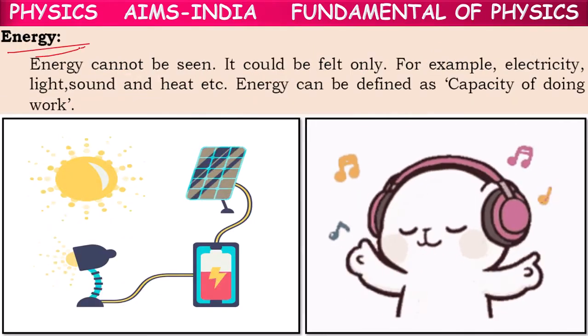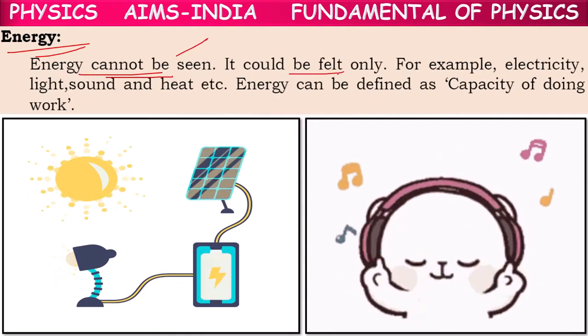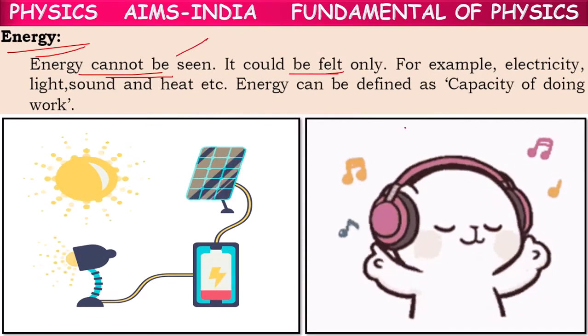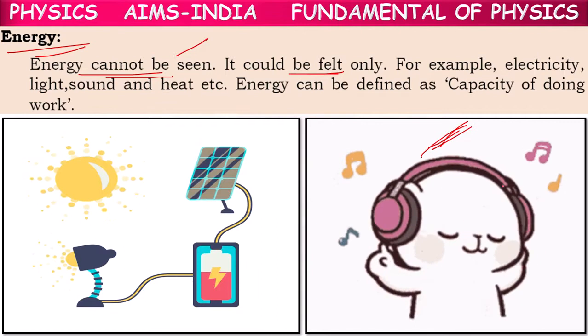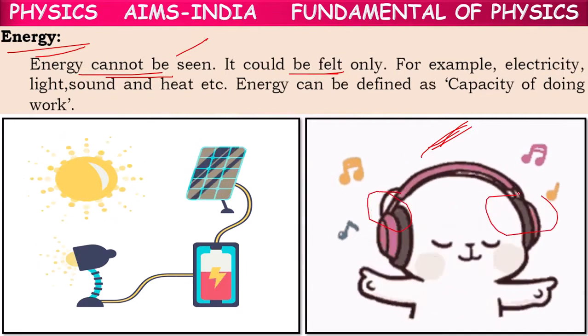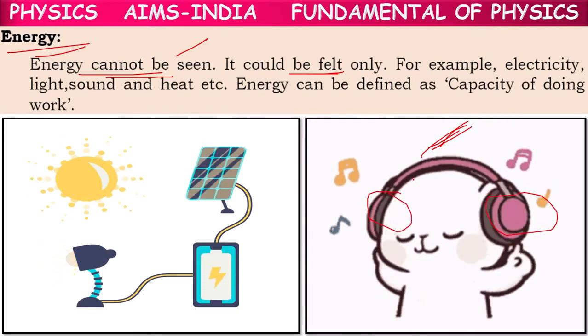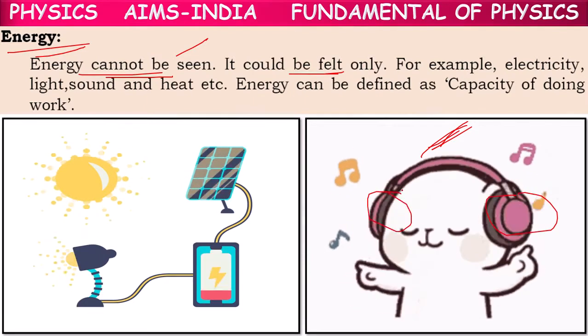Next, what is energy? Energy cannot be seen, it can only be felt. For example, you are listening to some songs with the help of your headphones. Can you see that song? You can just feel the song.